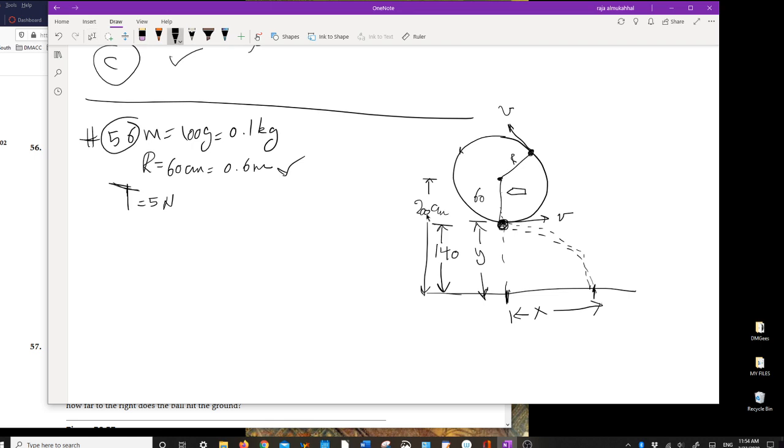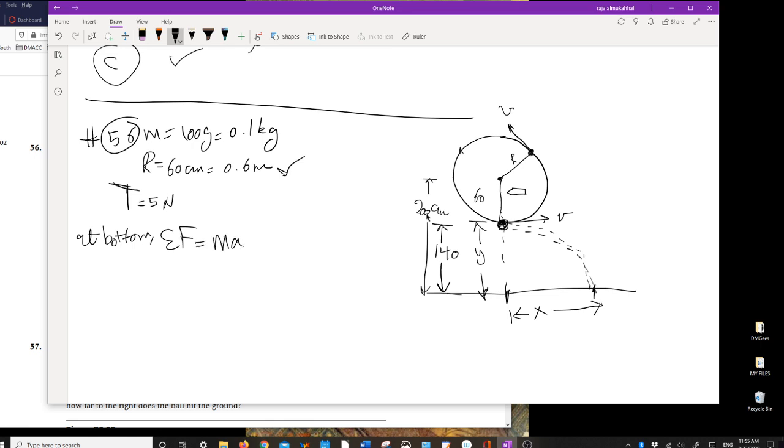So my goal here, with this information, I need to find v. And once I find v, the rest is just kinematics, projectile kinematics, okay? So to find v, I need to use dynamics. So we're going to start from here where the ball is right there, and we ask the question, what are the dynamics here? In other words, at the bottom, we have the sum of the forces equal to ma.